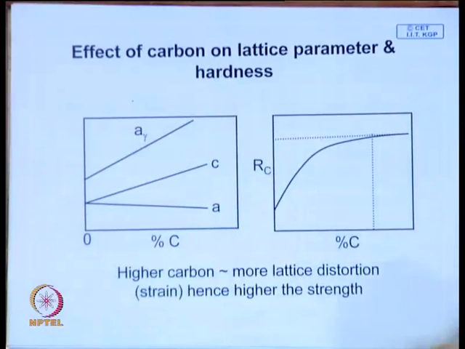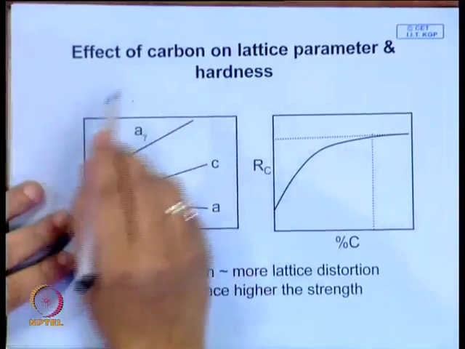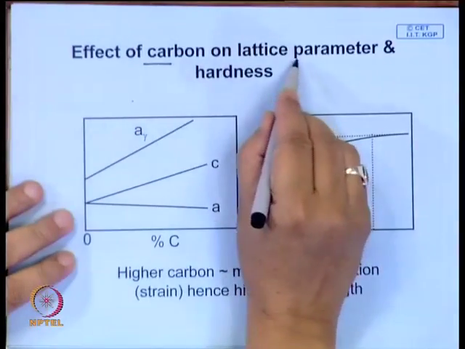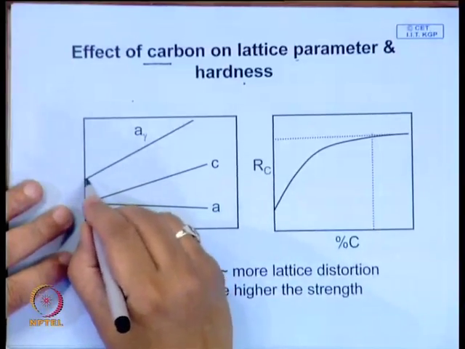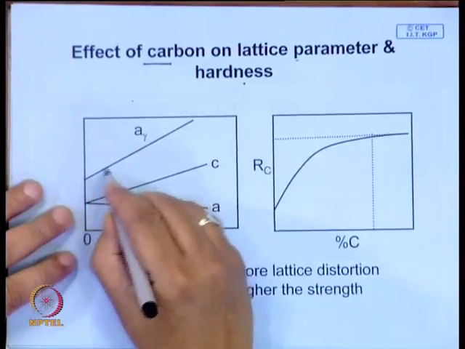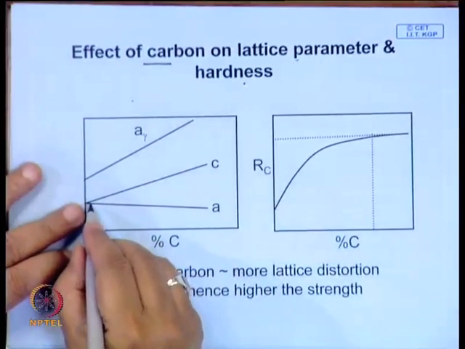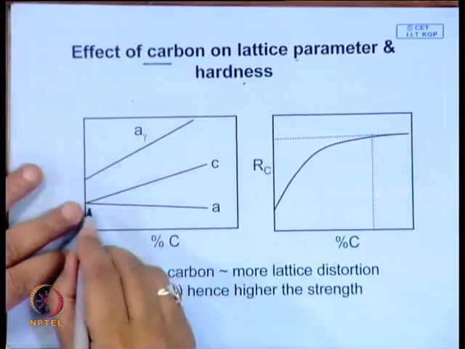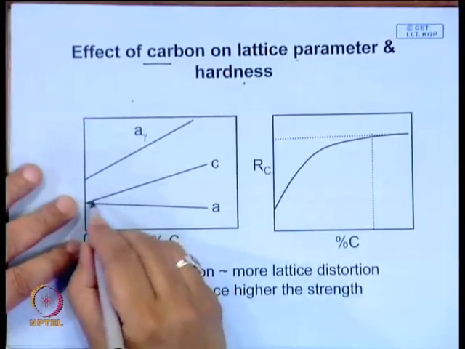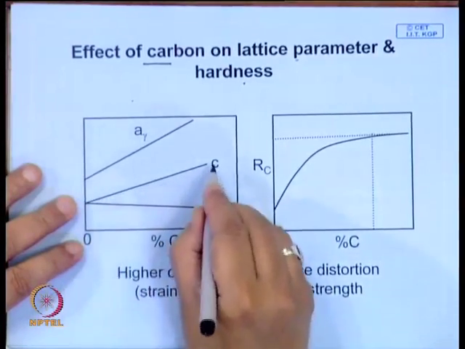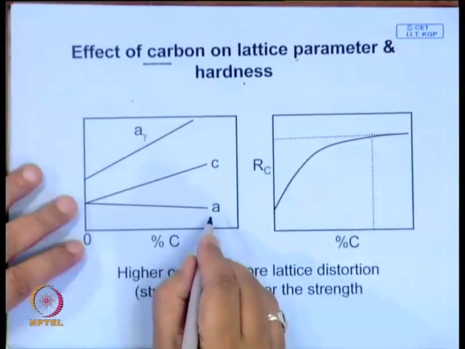And now, crystal structure of course is a function of carbon content, which is shown over here. What is the effect of carbon content on lattice parameter and hardness of martensite? Now, look at this. If it is austenite, lattice parameter increases almost linearly with carbon content, whereas in martensite, you will find its C axis increases with carbon content, whereas A keeps decreasing with carbon content.